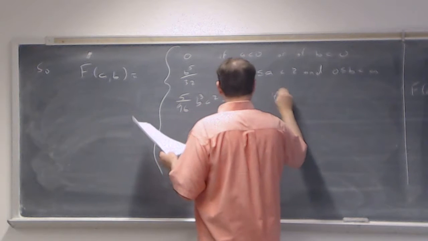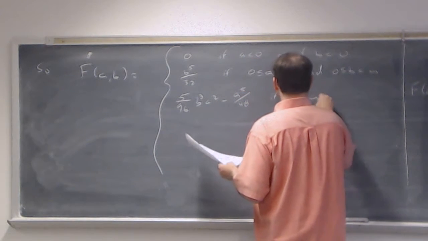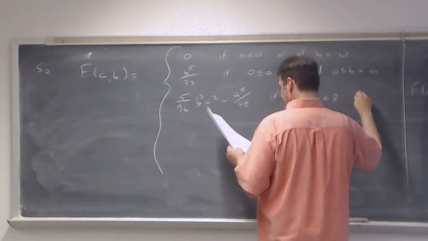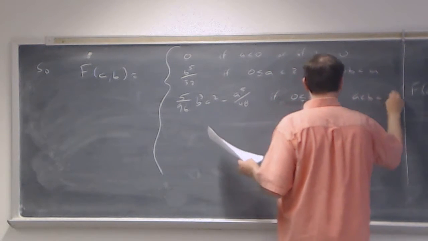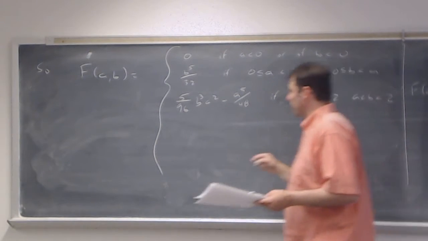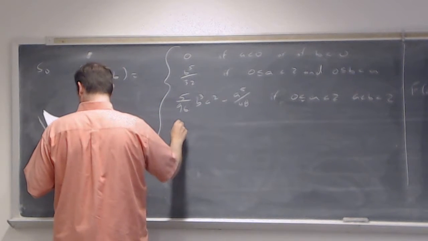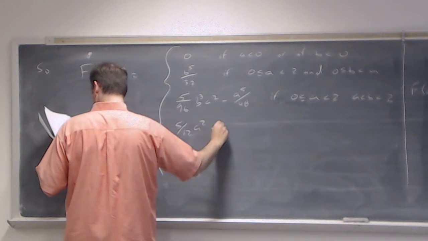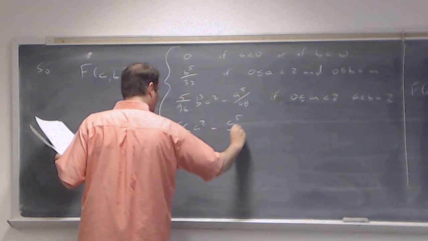And that was if 0 is less than or equal to a is less than 2, and here I think we had a is less than b is less than 2. And then the third subcase in this output was, I think we had 5 over 12 a squared minus a to the 5th over 48.